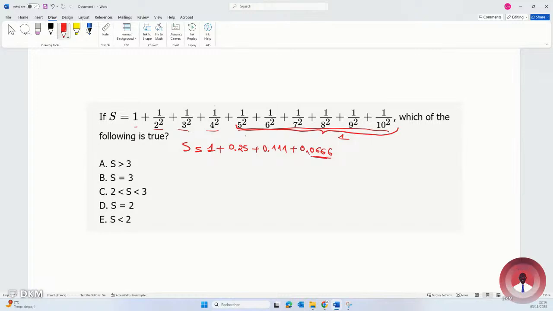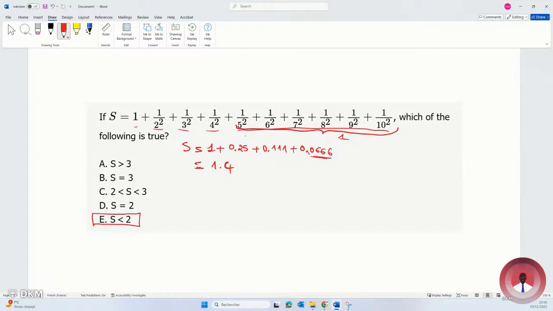If we add this, it's going to give us something like 1.36, at most 1.4. And this one is also going to be far from 1. So definitely this will be our answer.